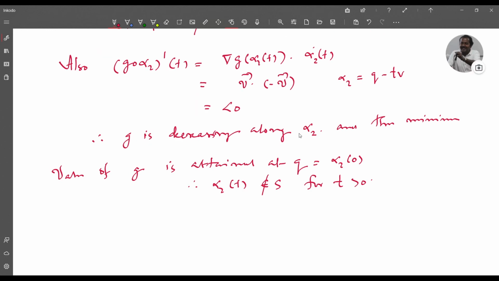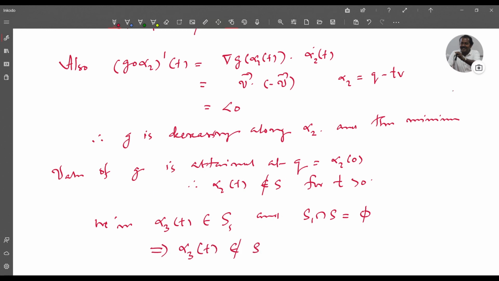And you know that alpha 3 of t belongs to S1, and S1 intersection S is empty. This implies alpha 3 of t does not belong to S for all t in the closed interval B1, B2. Therefore, alpha of t does not belong to S for A less than t less than B, where A is 0.